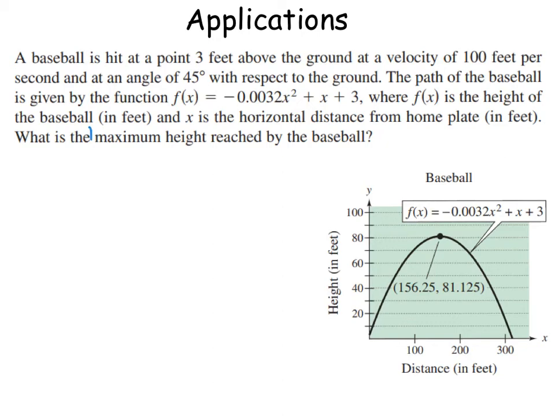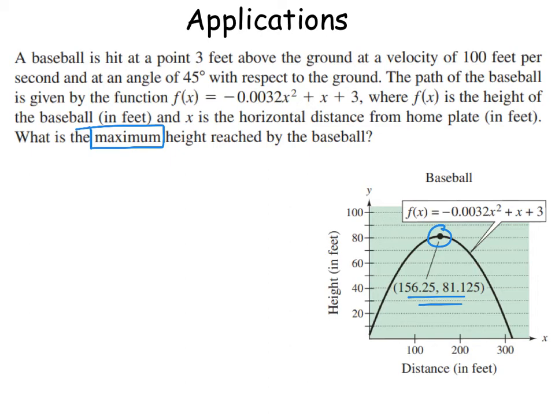Anytime I see maximum, maximum height, that tells me this problem is about the vertex. Now you can see the vertex is labeled, and there are the coordinates. So in terms of your notes, all I'm going to fill in here is that they're looking for the maximum height of the baseball.